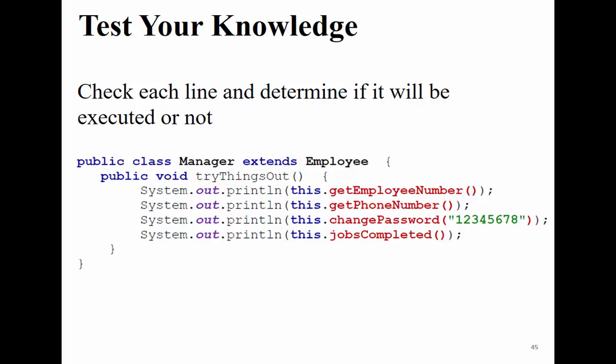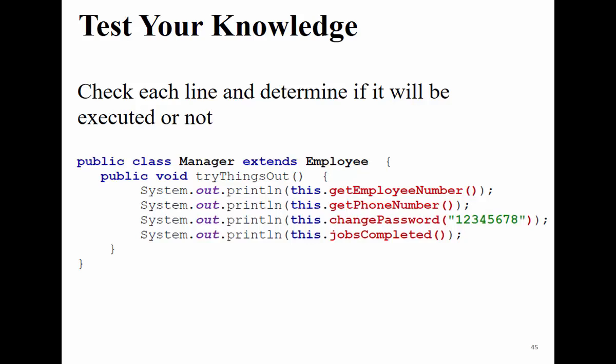As you can see, the manager just extends the employee, and using this means it's pointing to the object of manager. I want to get the employee number. I'm going to look inside the class of the manager. Do I have a method called get employee number? No. Then I should look in the superclass.